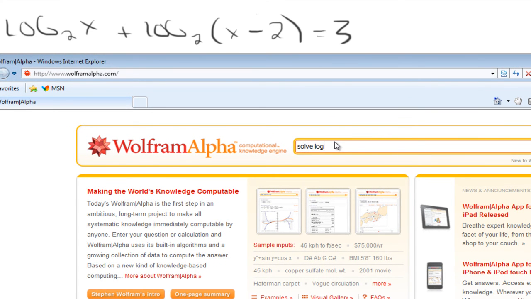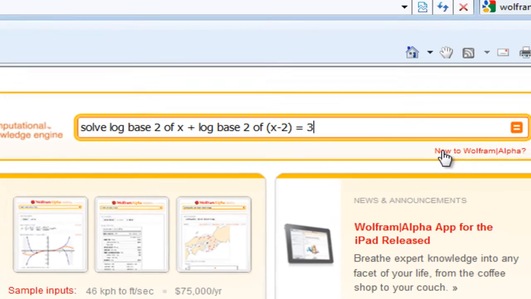So I'm going to take the log base 2 of x plus log base 2 of x minus 2, and that's got to equal 3.